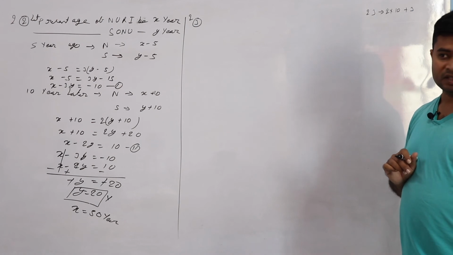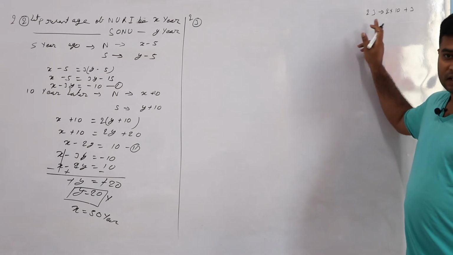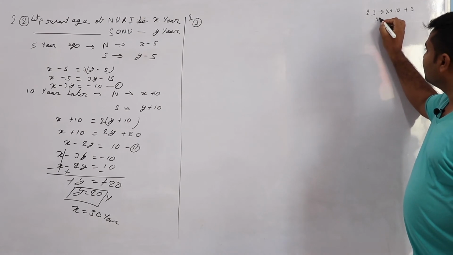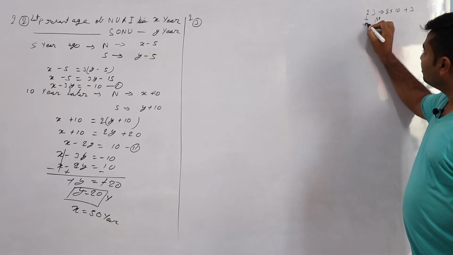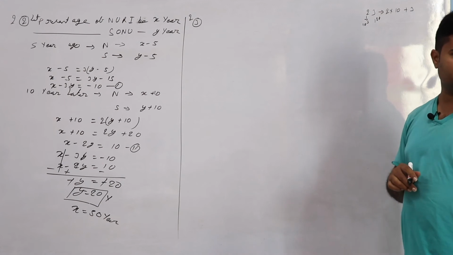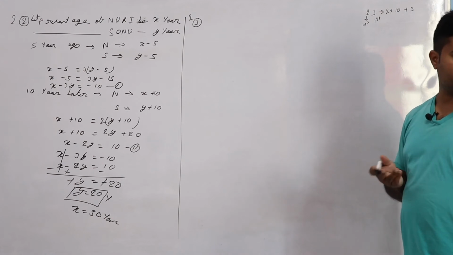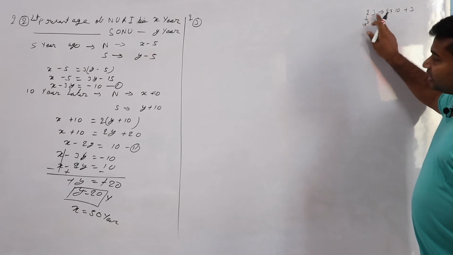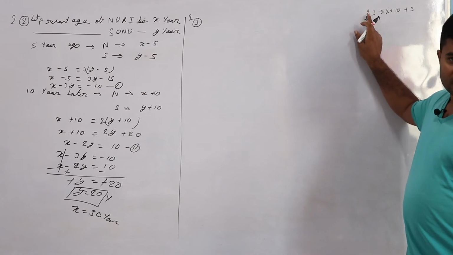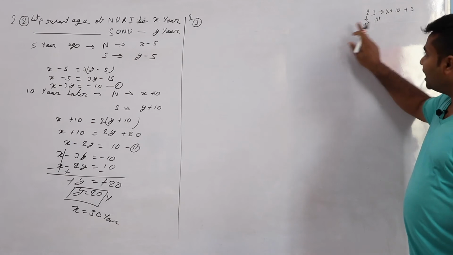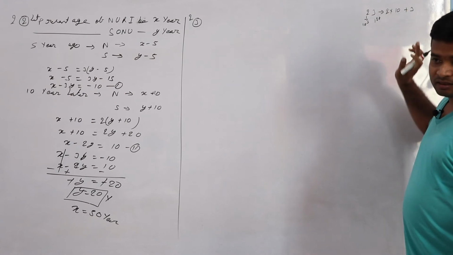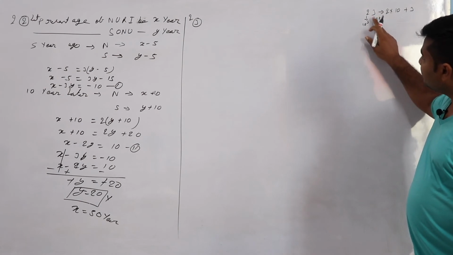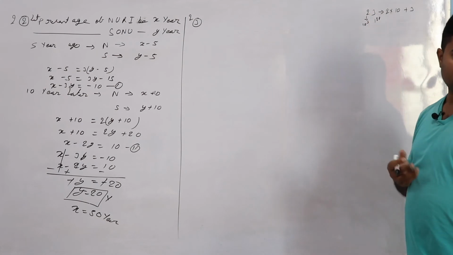The 3 is at the first place and 2 is at the tens place. 23 is a number made by 2 into 10 plus 3.